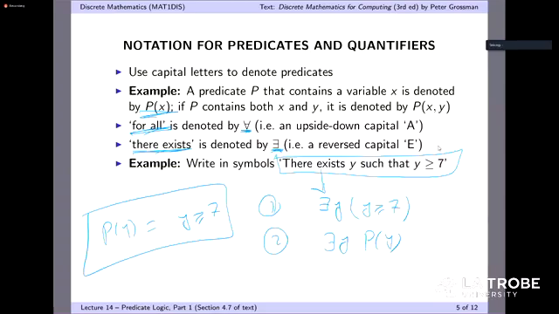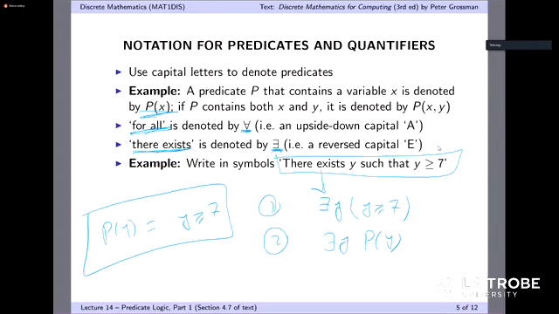And if you write P of X, it is a predicate containing variable X. Predicate and there is a variable X. Three just new symbols that we did here.